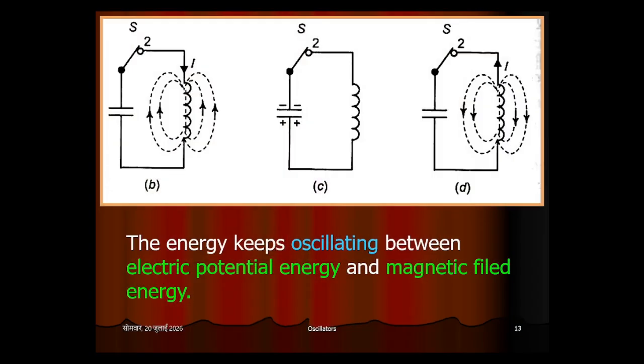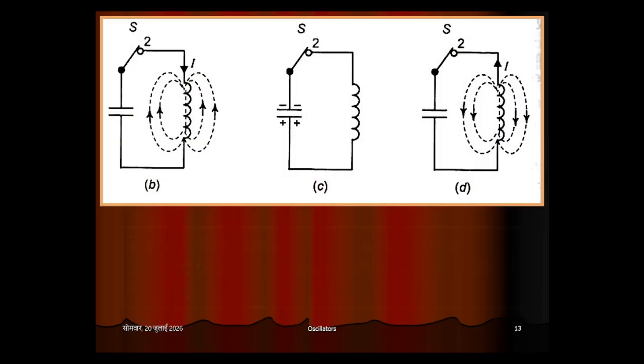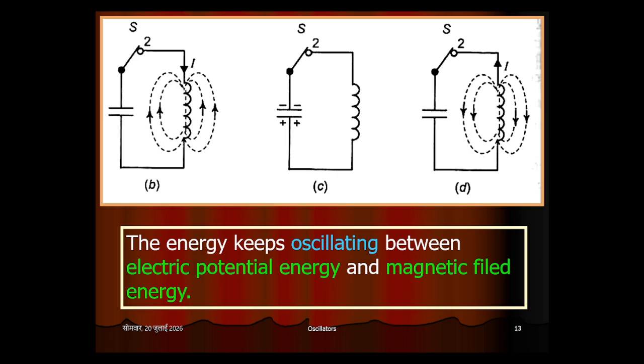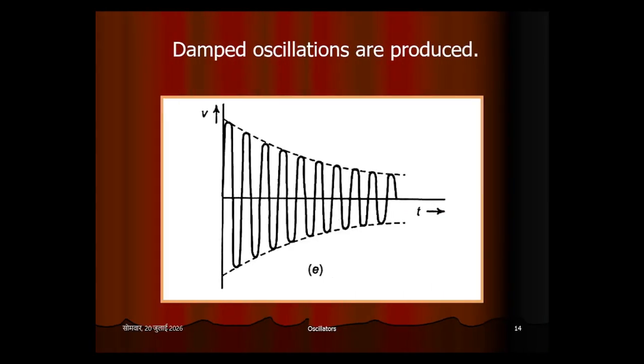The energy keeps oscillating between electric potential energy and magnetic field energy. So this is a damped oscillation. There is no sustained oscillation.